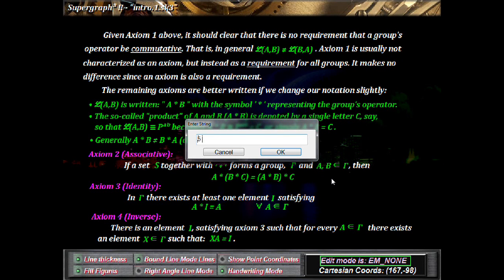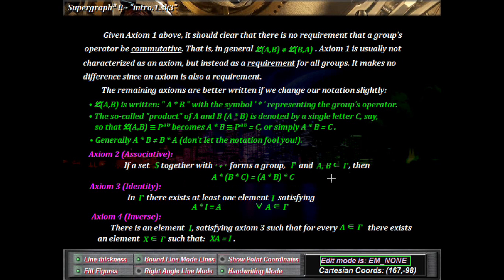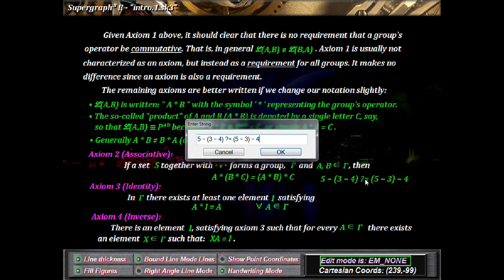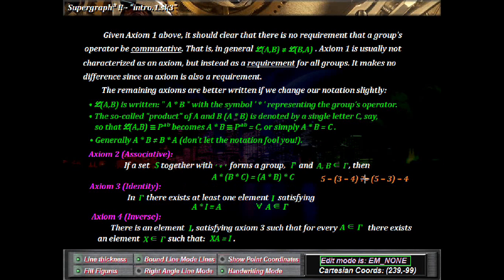Example 5, subtract 3, subtract 4. Now, is that equal to what we get when I just move the brackets? What do we get on this side?